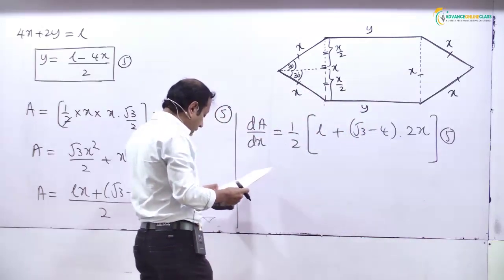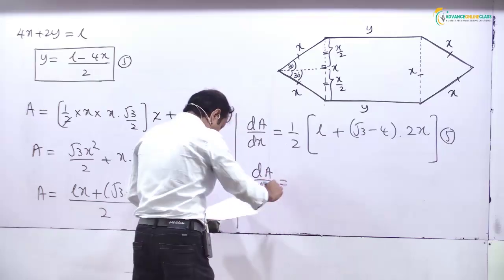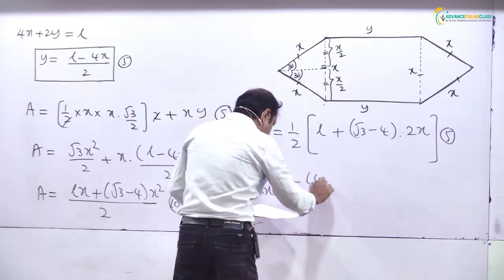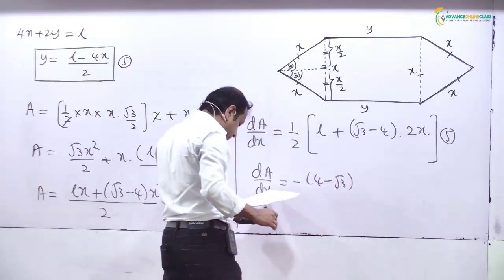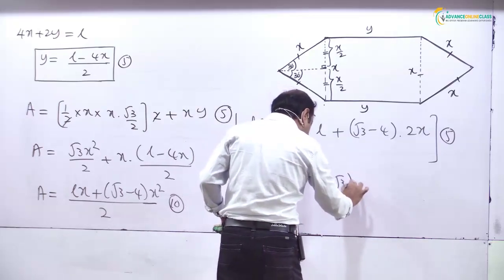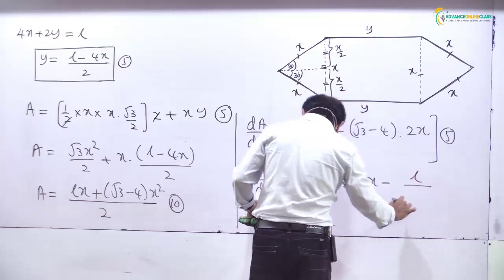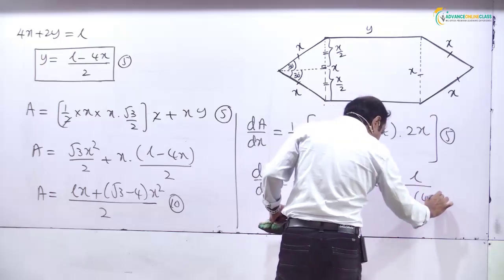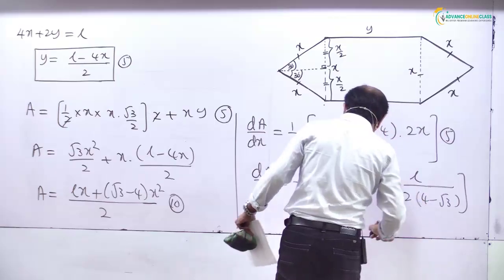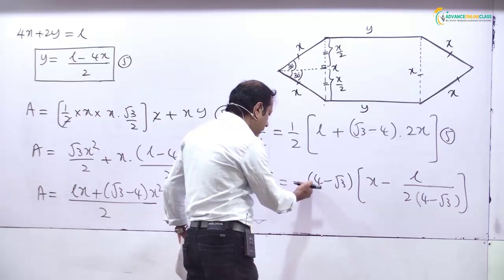Then I can write dA over dx, the right hand side, this way: L over 2 minus (4 minus root 3) x, which is L over 2 times (4 minus root 3) taking this minus sign out.